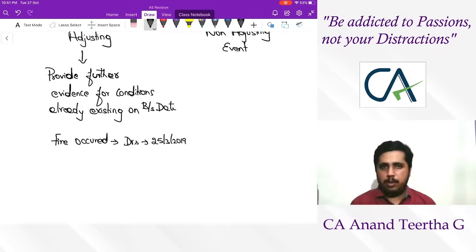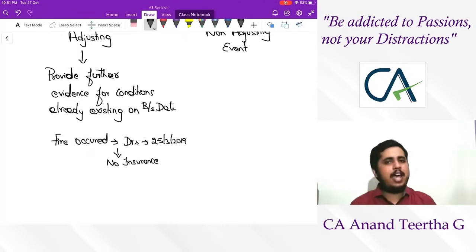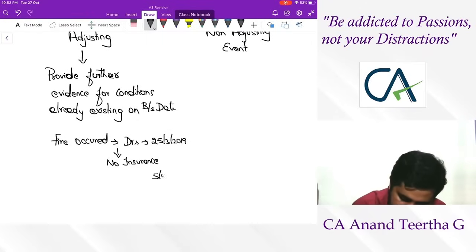You came to know about the news and you know that for this particular fire there is no insurance, which means our debtor has suffered heavy losses which may lead to him not paying us the debt. We know this particular situation. Assume that on 5th of April 2019, your debtor declared himself insolvent.